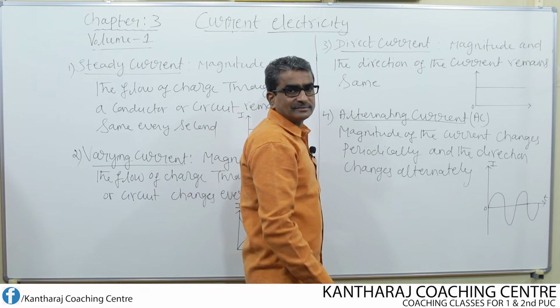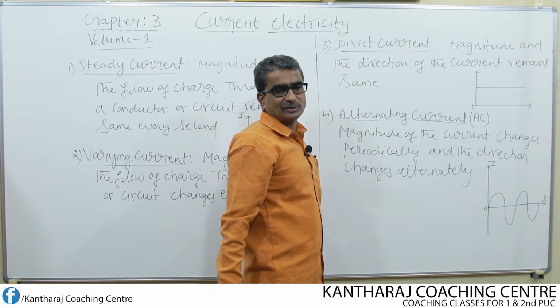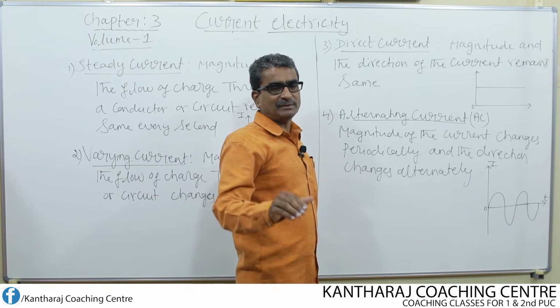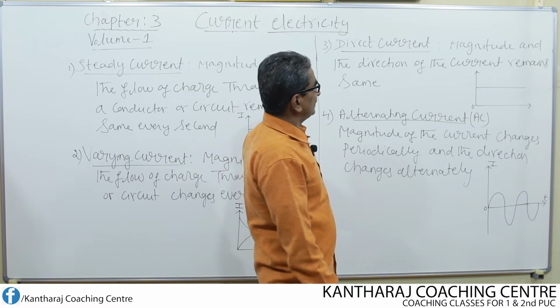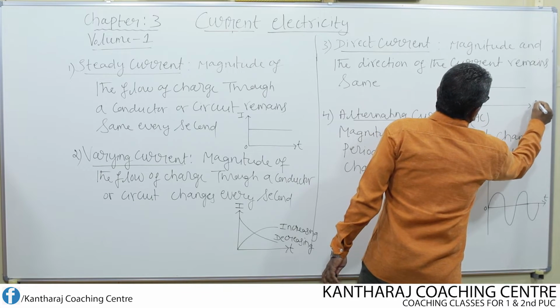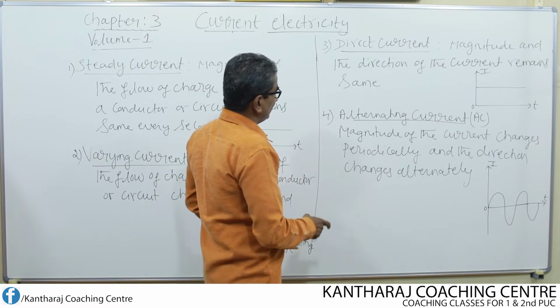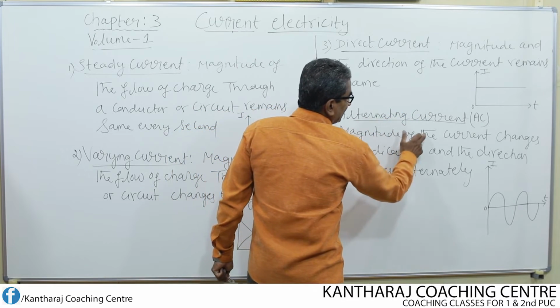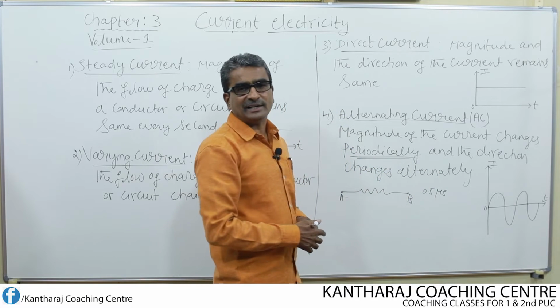Direct current: the magnitude and direction of the current remain the same. No change in the magnitude of the current, meaning the strength of the current, and no change in the direction of the current. So that always gives rise to a direct current, and this is the graphical form of direct current. Then alternating current: the magnitude of the current changes periodically and the direction changes alternately.